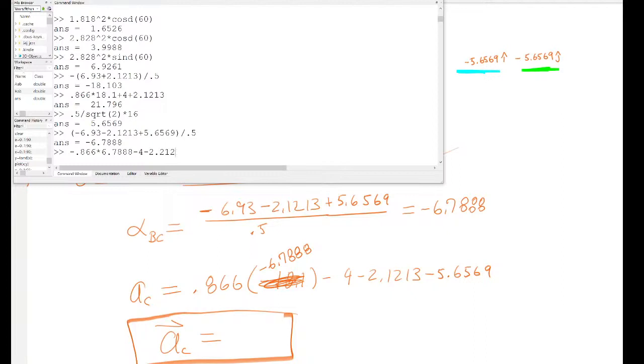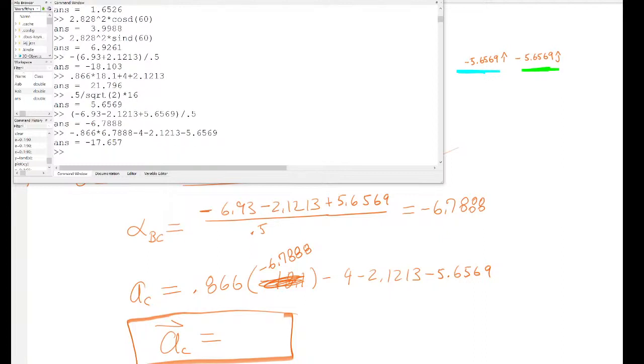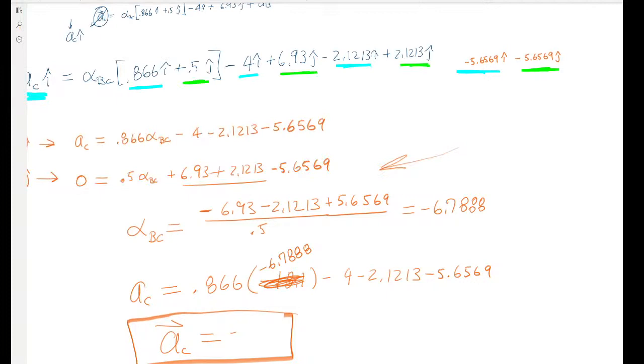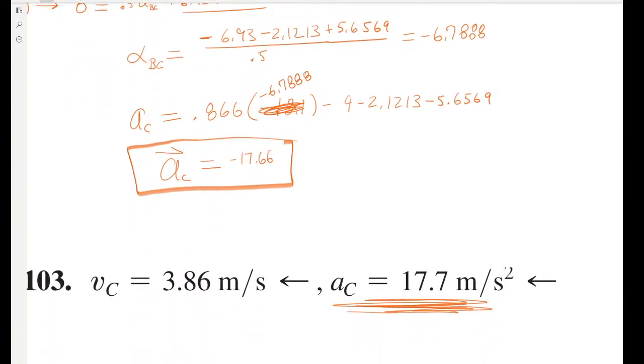Wait a minute. 2.1213. Did I do that right? 1213 minus 5.656967. No. Minus 17.65. How about 7? Yeah, 6. How about minus 17.66? What was it? Oh, okay.